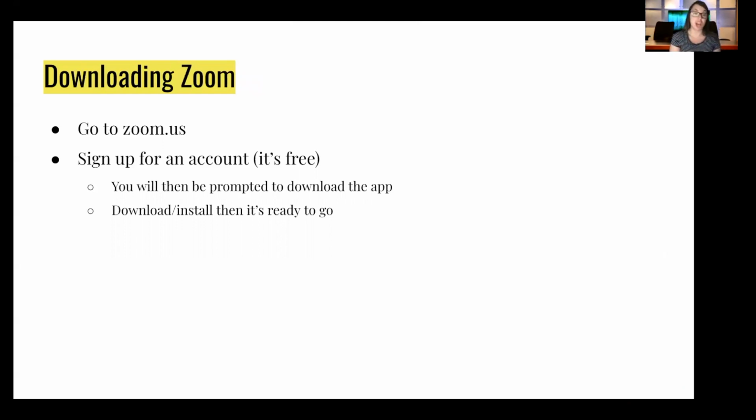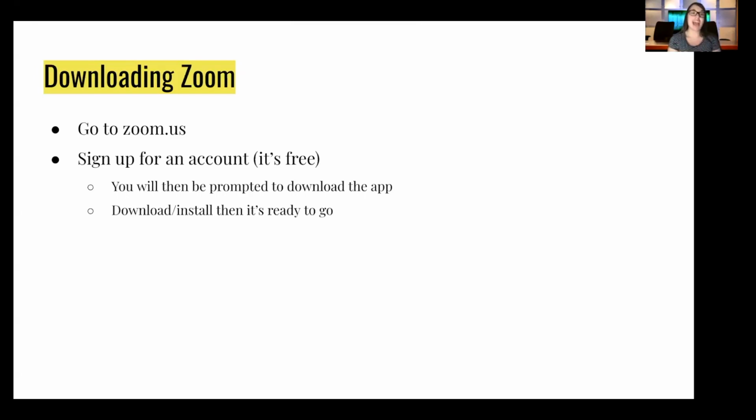You do have the option to pay for premium or advanced accounts, but a general Zoom basic account is totally free. Don't have to pay anything. Then after you sign up for an account, you'll be prompted to download the app, and then you can download it, install it, and then it's ready to go. I did it. It takes not even 2 minutes.